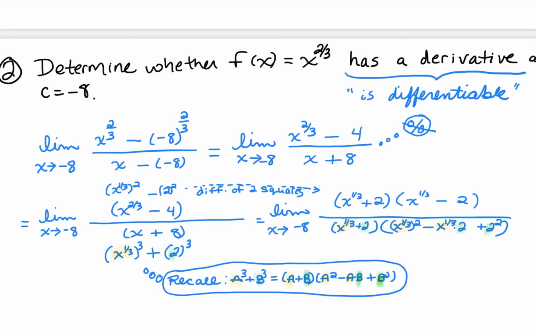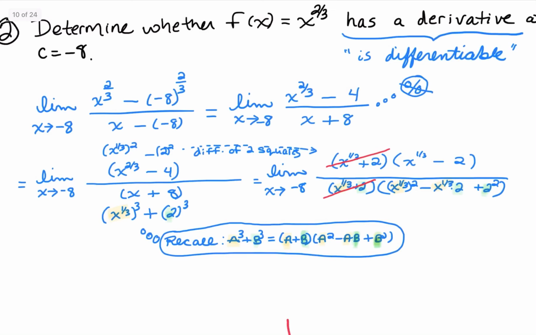All right, so this is a challenging one, isn't it? So let's go ahead now and say, aha, I can do some reducing of my x to the 1/3 plus 2 over itself. And now let's see what we're able to do, finishing this out. So what do we have here?